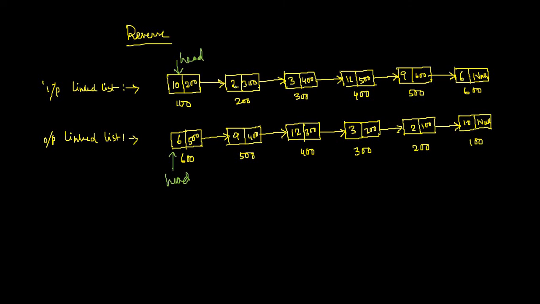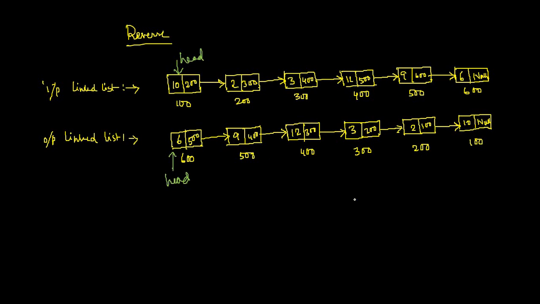You see, we have this head, fine, but I will not change this head because head is the only thing by which at least you can traverse the input linked list. But the problem is that here your head will change. Initially head was pointing to the node with address 100, and in the output head will point to the node with address 600.